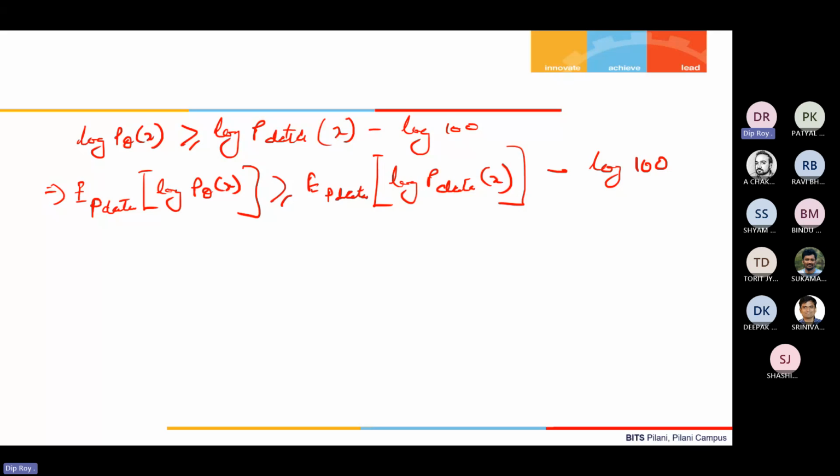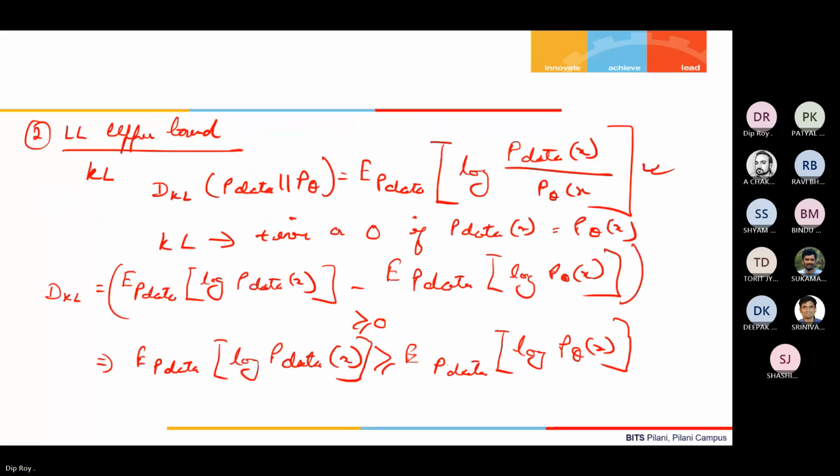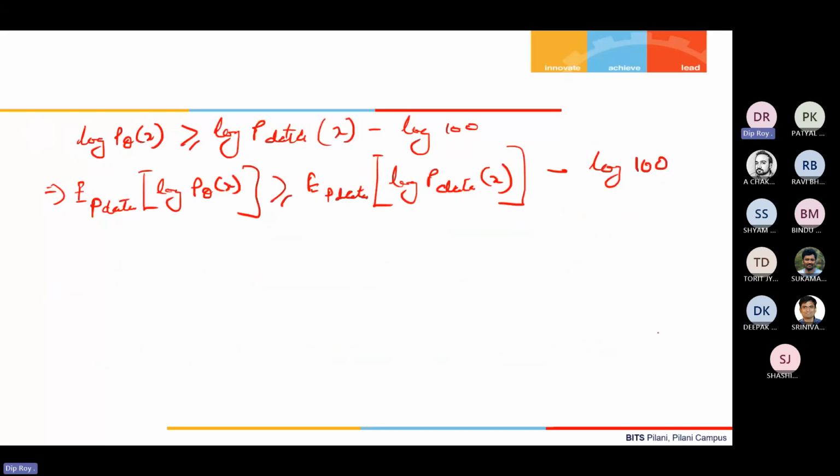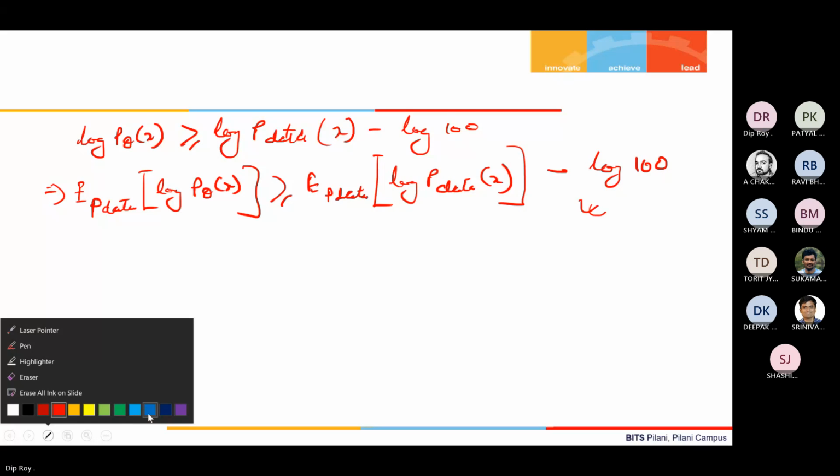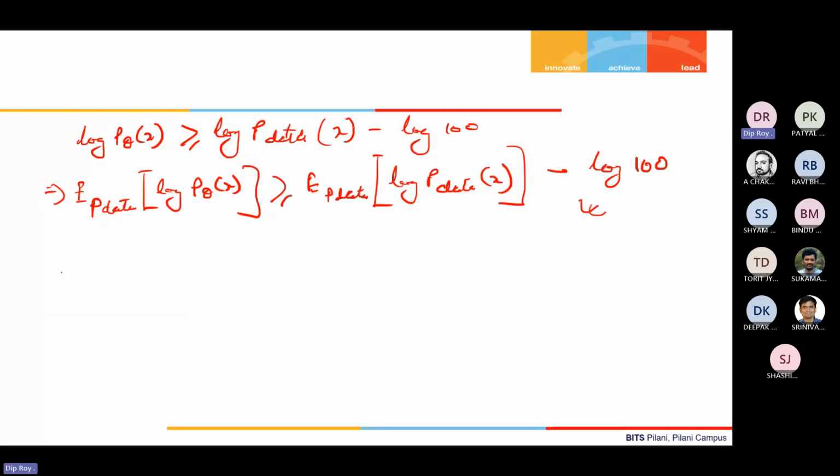Now, if I combine this particular thing and this particular thing, what will I get? The thing I am going to get is essentially this.